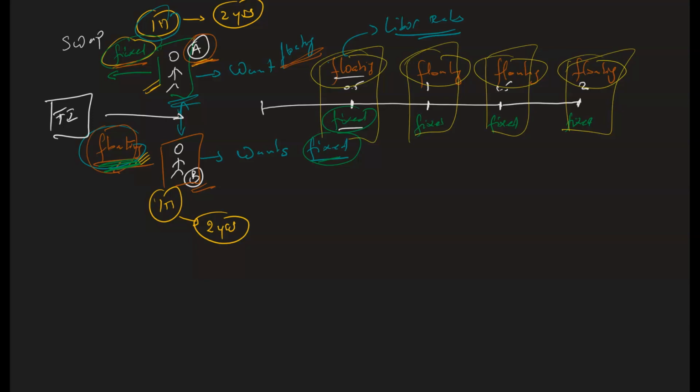Now, let's work a detailed example of this in order to understand exactly how this would work. Let's say we have two companies. We have company A, or let's call that Apple. And we have another company, let's call that Intel.